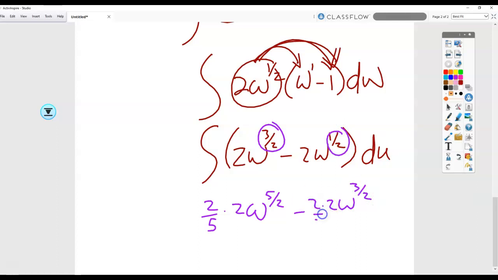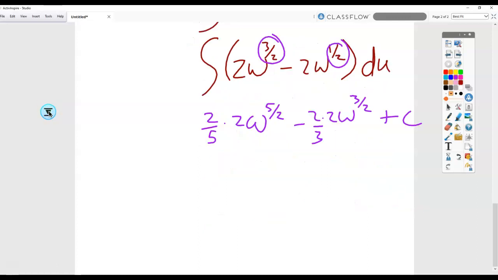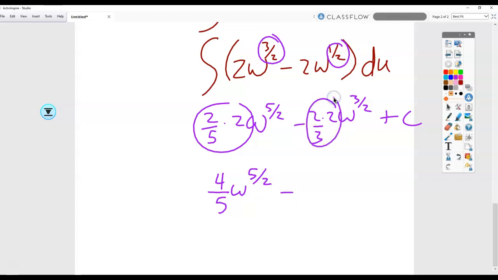Multiply by the reciprocal. Don't forget your plus c. Okay. So multiplying 2 times 2/5 gives me 4/5. Multiplying 2/3 times 2 gives me 4/3.